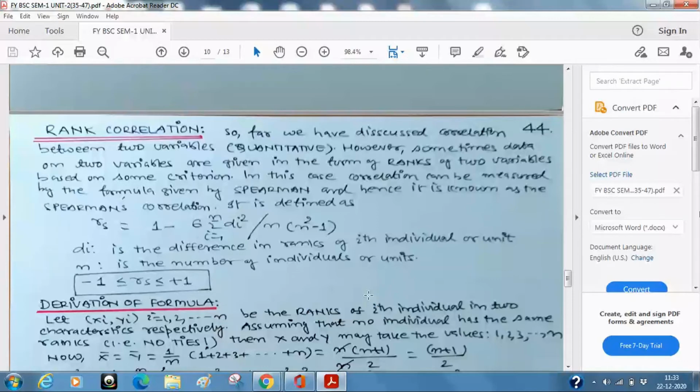There may be ties. If there are ties, then what? Then we shall see, don't worry. But this is an assumption. And there are many results which are proved under certain assumptions, not only in statistics but in many cases. I'll give you a very simple example.